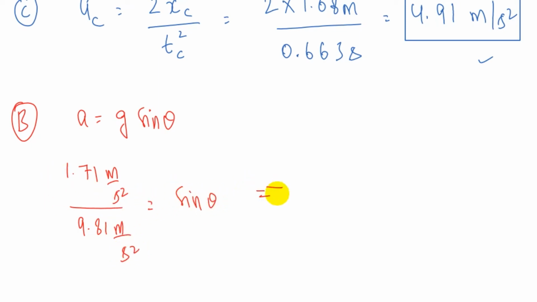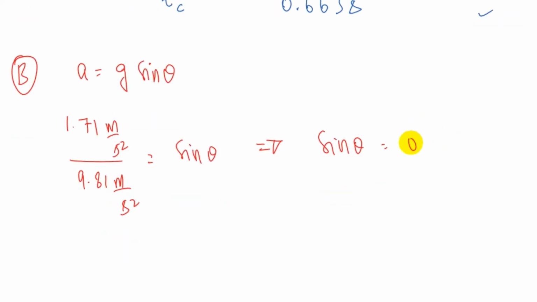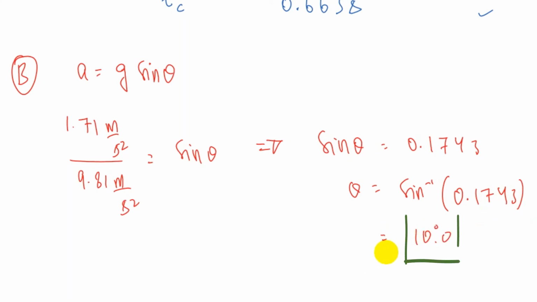From here sine theta will be equal to 0.1743. So theta would be equal to sine inverse of 0.1743, which is nearly 10 degrees. So this is the answer for theta A, for ramp A.